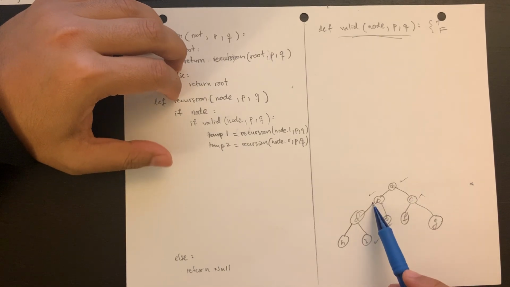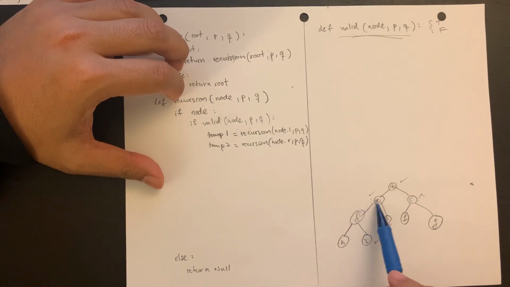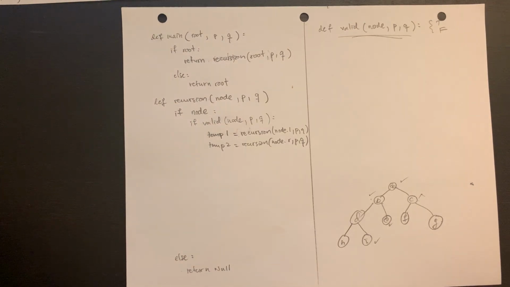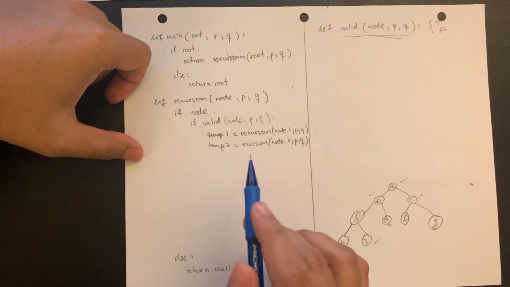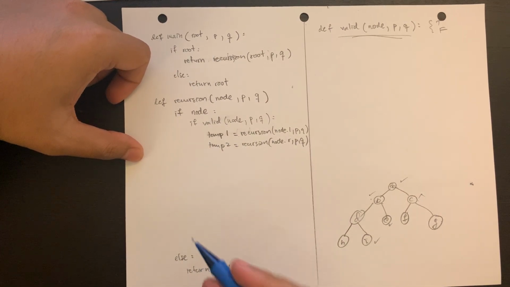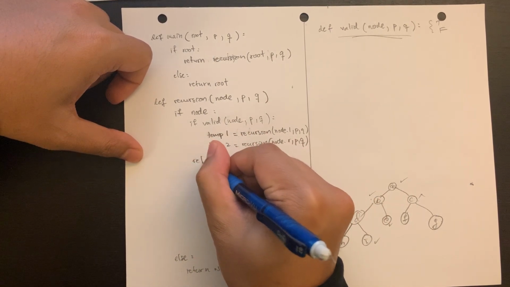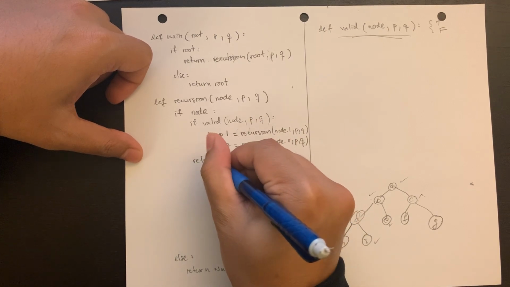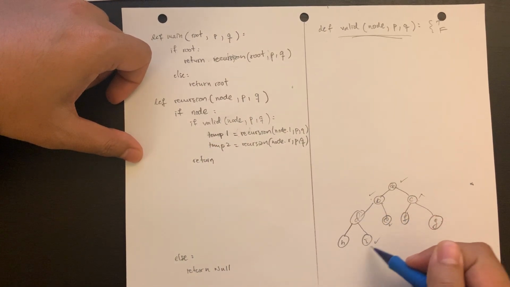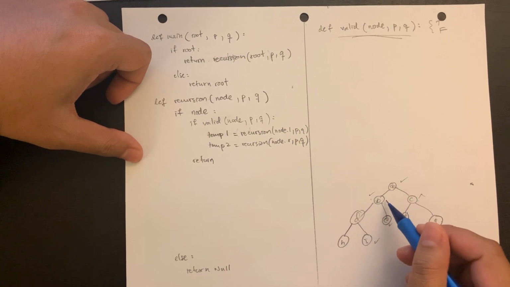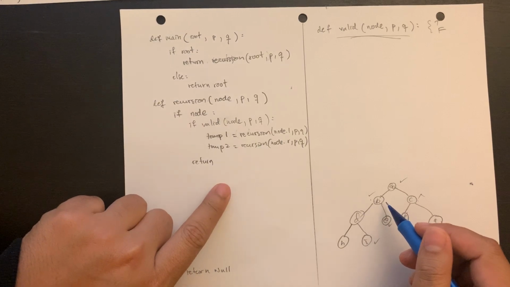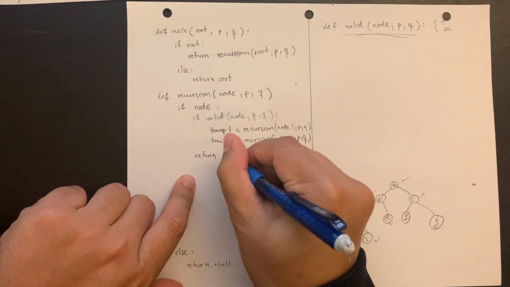So only one child could have a valid, not both of them. So I think we can return the child first because the child is closer. So we want to return the child, which is temp1.